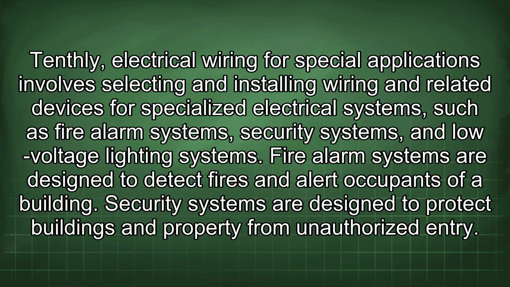Tenthly, electrical wiring for special applications involves selecting and installing wiring and related devices for specialized electrical systems, such as fire alarm systems, security systems, and low-voltage lighting systems. Fire alarm systems are designed to detect fires and alert occupants of a building. Security systems are designed to protect buildings and property from unauthorized entry.